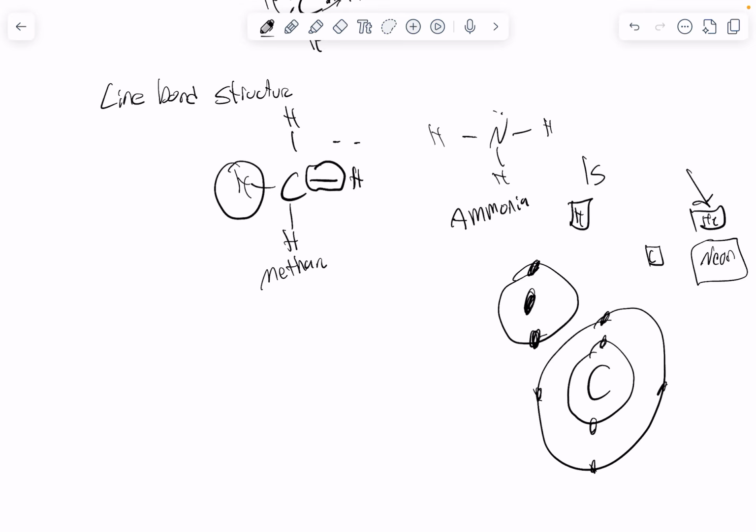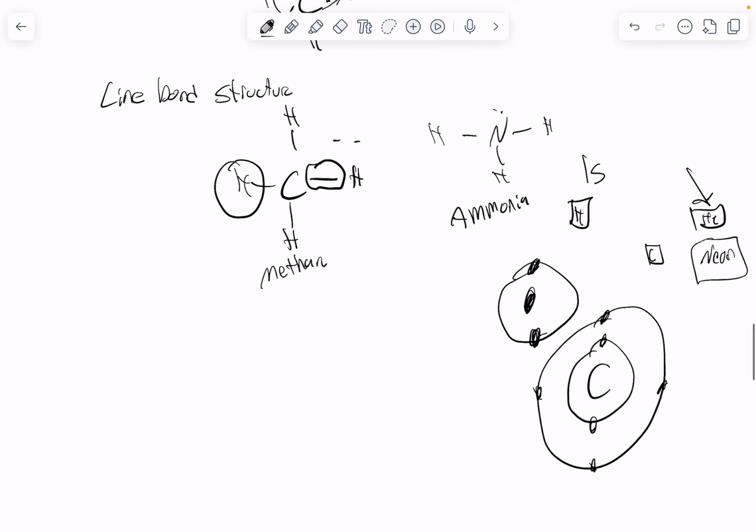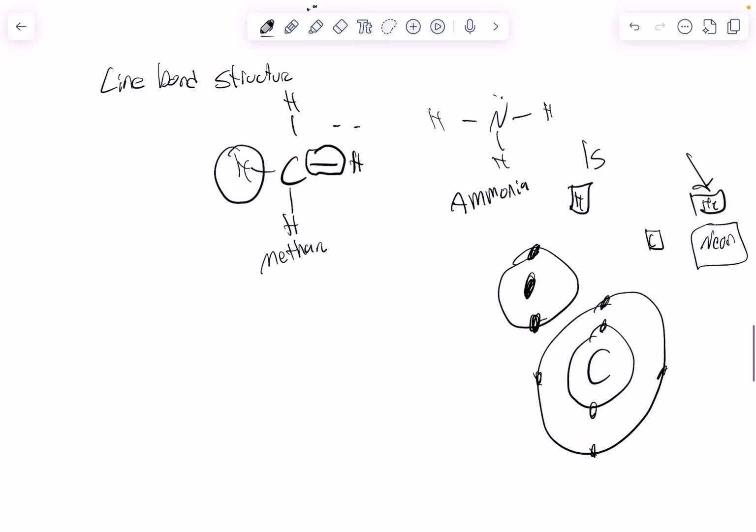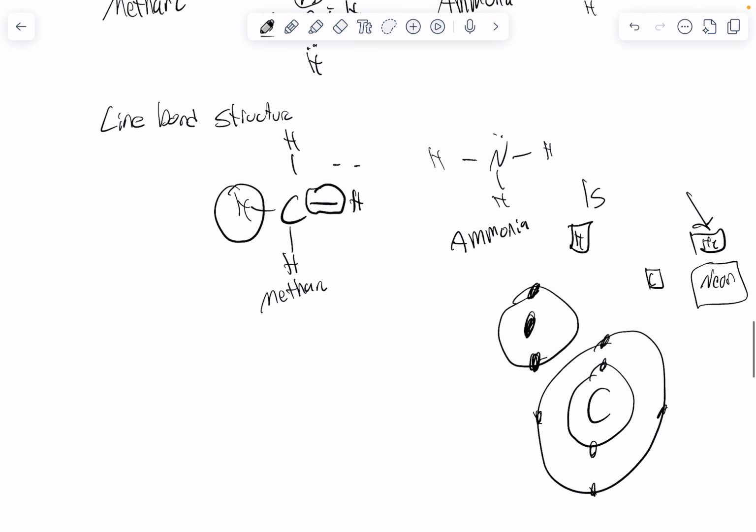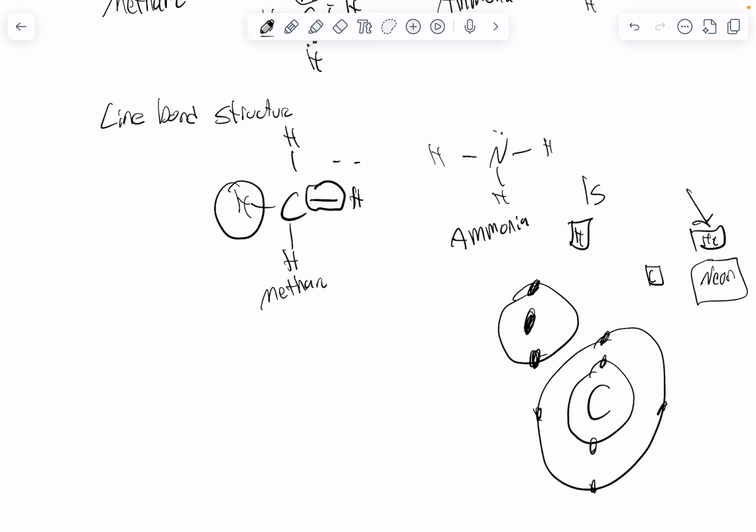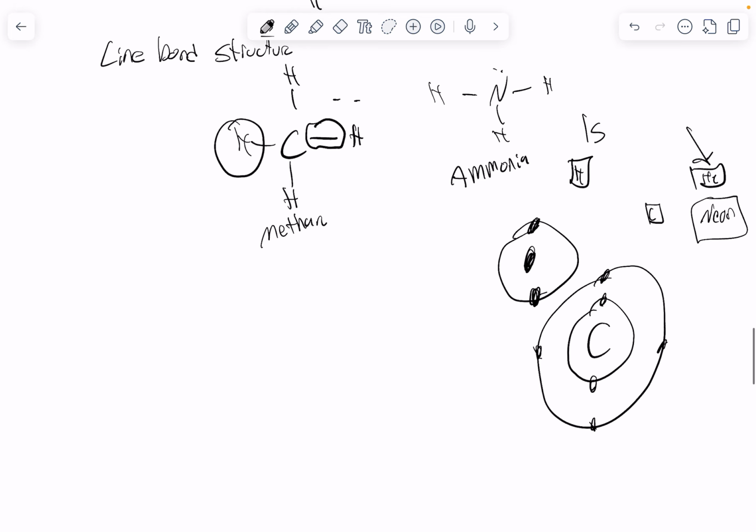So that's why hydrogen only needs 2. So you're going to see hydrogen just with a bond, and it's chilling. Whereas carbon and all these other non-metals that we're going to talk about, they need more. They need 4 bonds. So there's also valence electrons that are not bonding, okay? And we call these non-bonding electrons.